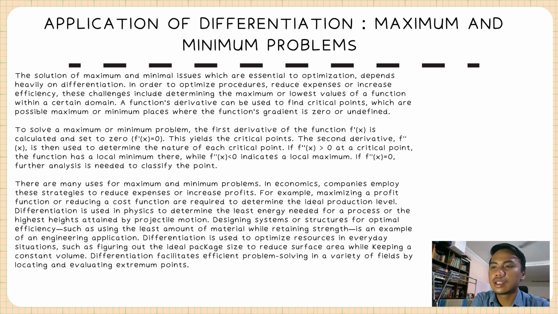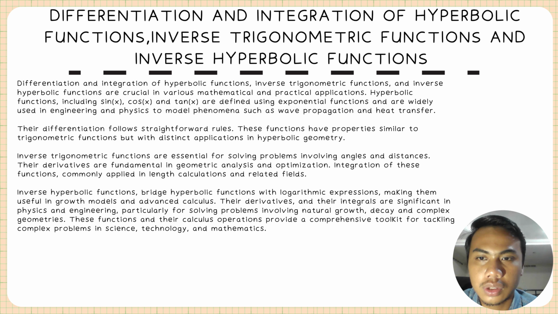The method is, first, calculate the first derivative of the function, f prime of x, and set it to 0 to find critical points. Then, use the second derivative, f double prime of x, to determine if these points are maximum or minimum or need further analysis.